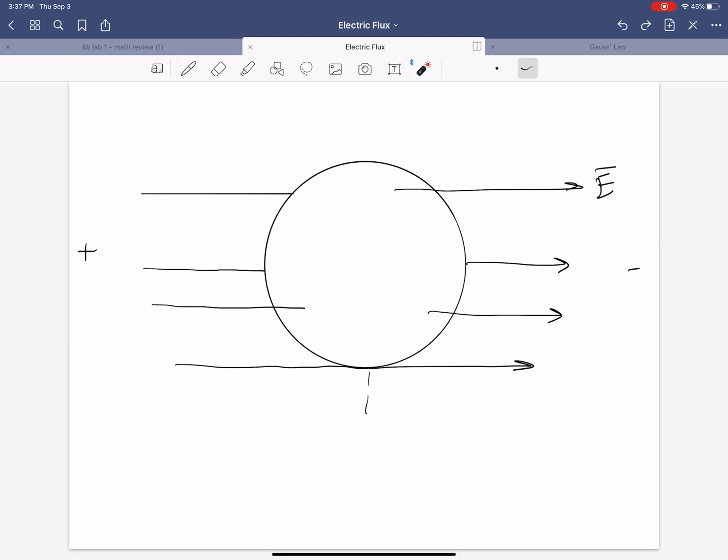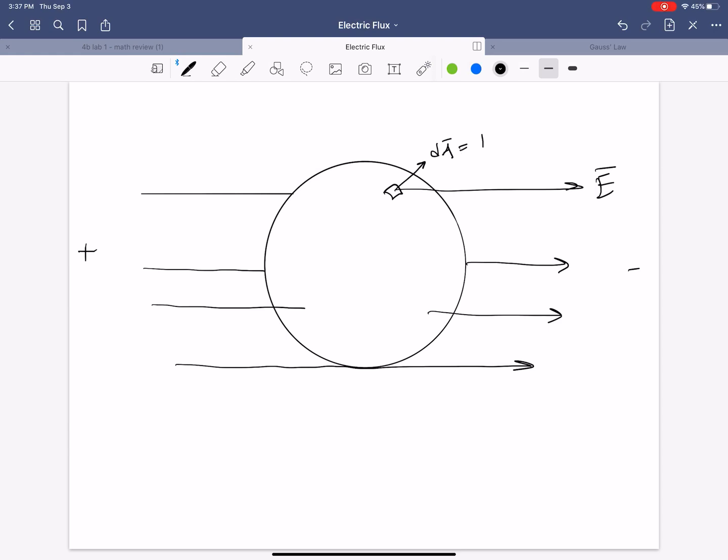So let's take those dots away. Every little point that the field pokes, we can have a little dA. Every tiny little bit of area we can call dA, that's the differential area.